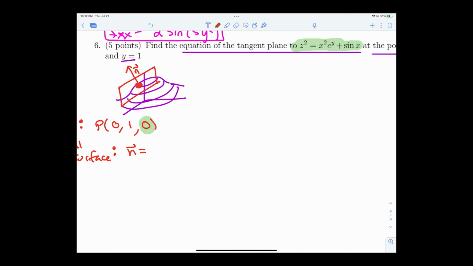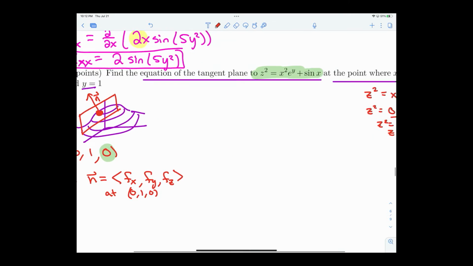Or you can say it's going to be fx, fy, fz at the point we care about, which is 0, 1, 0. So in order to do this, we need to calculate fx, fy, and fz, right? So that's what we'll do.